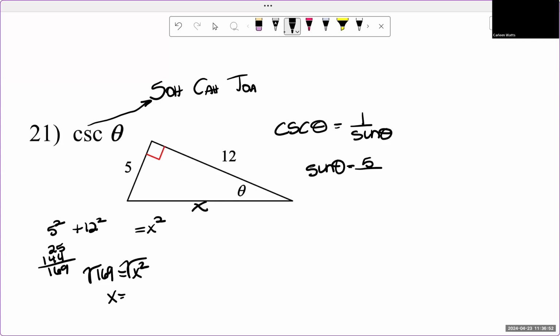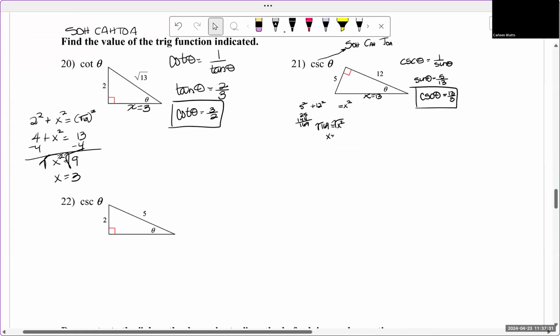X is equal to 13. It's a 5, 12, 13. Not as familiar as a 3, 4, 5. Okay, so sine of theta is opposite over hypotenuse, 5/13. Therefore, cosecant of theta is the reciprocal. It is 13/5. Okay, cross off 22.